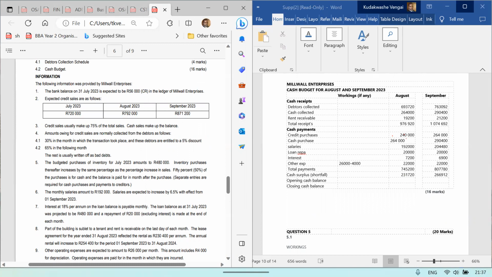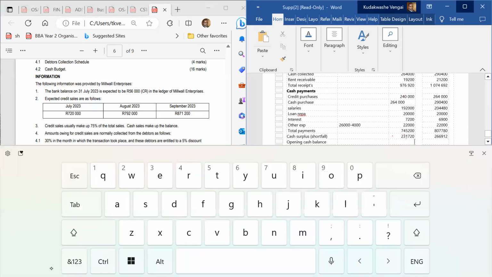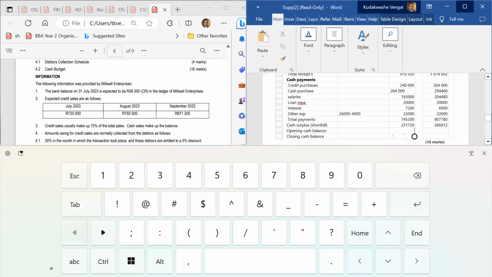A credit bank balance means it is an overdraft, which means that the account was in the negative. That's what it means, right? So it means that at the beginning of August, we had a negative balance there, right? So we can use brackets, 56,000, right? So if we started with negative 56,000, right?